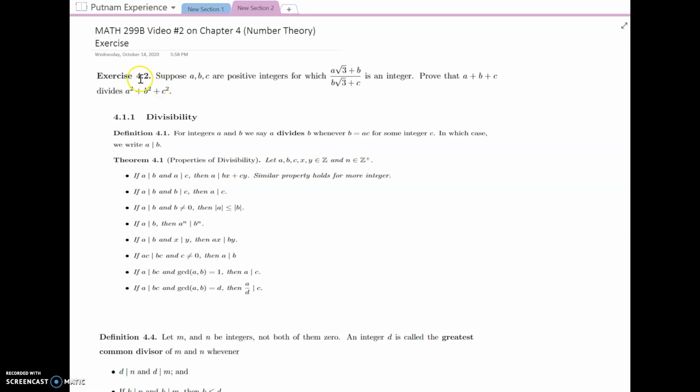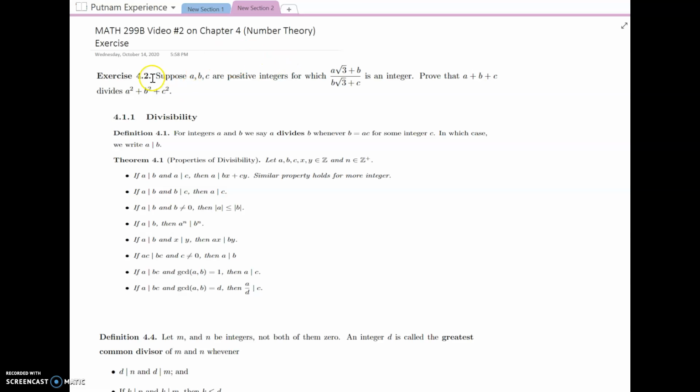So for exercise 4.2, it says suppose that a, b, c are positive integers for which (a√3 + b)/(b√3 + c) is an integer. It says prove that a + b + c divides a² + b² + c².